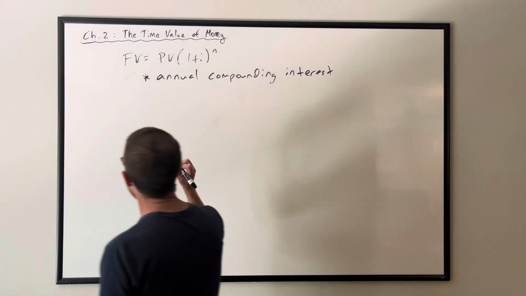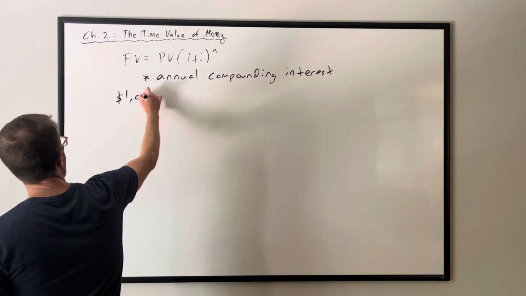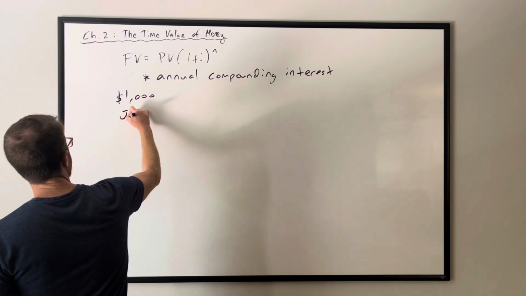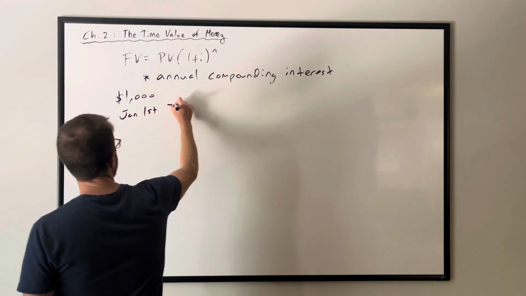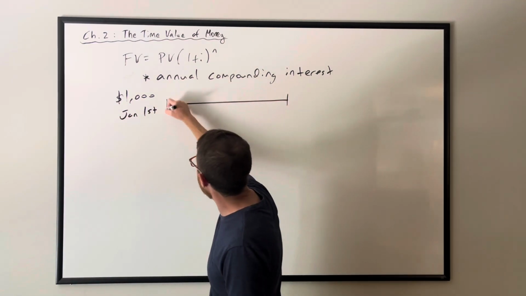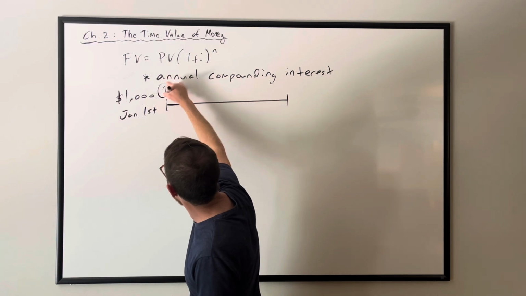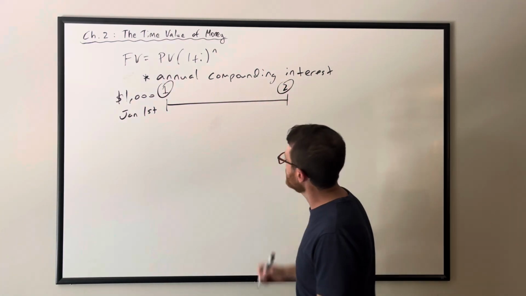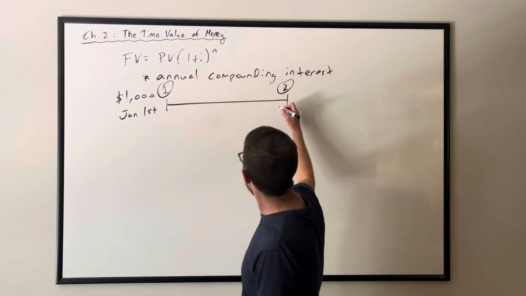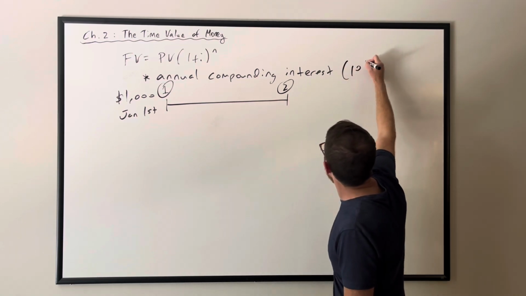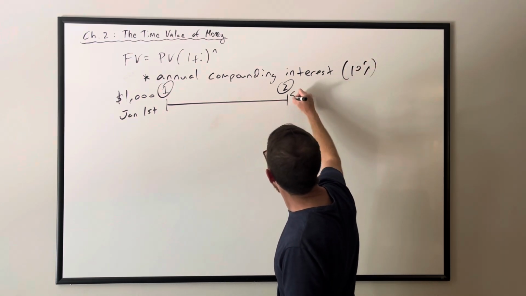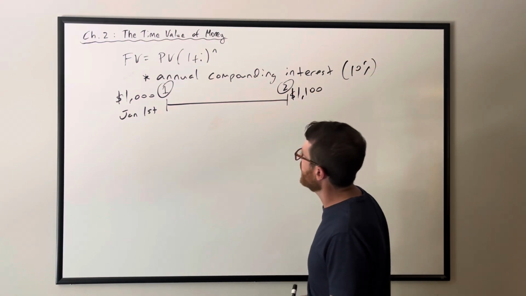Annual compounding interest, this is what it looks like. If you invest $1,000 on, let's say, January 1st, then 1 year from now, in year two, if you've been earning 10% interest, you would have $1,100 in your account.